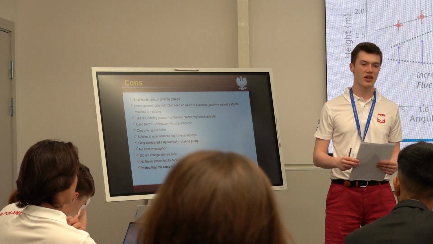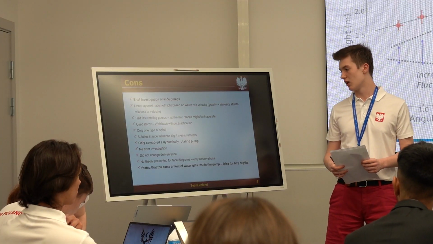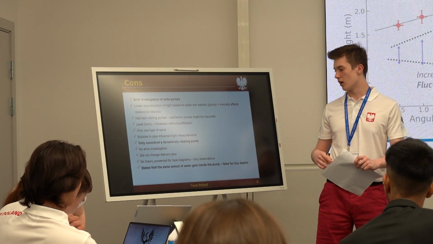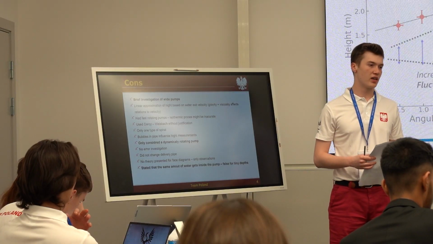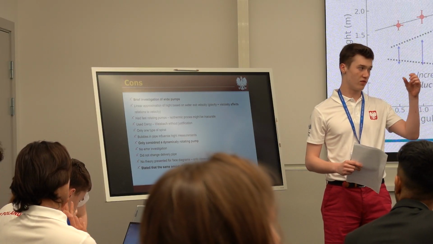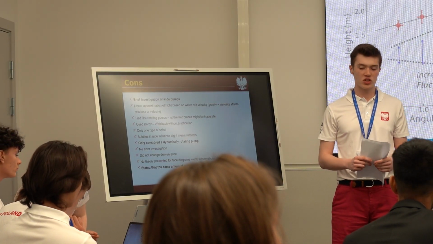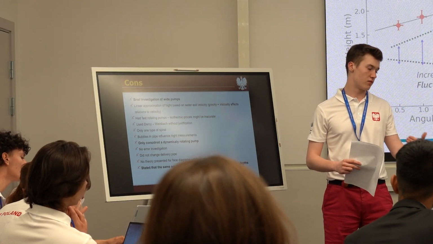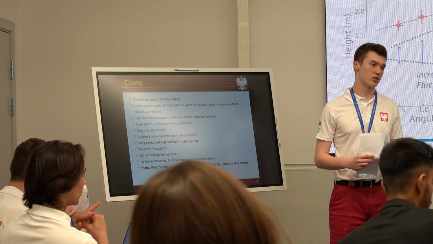It was simply fitted from the experimental data based only on observations, and also they did not change the vertical delivery pipe diameter, which, as the problem content states, is a parameter that could be investigated for the pumping height.